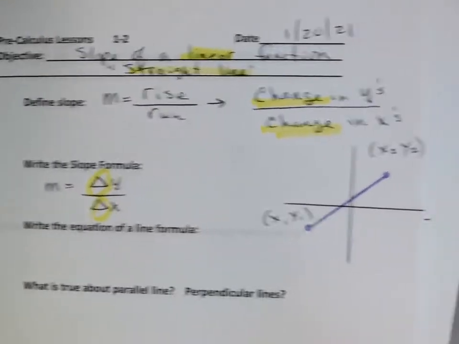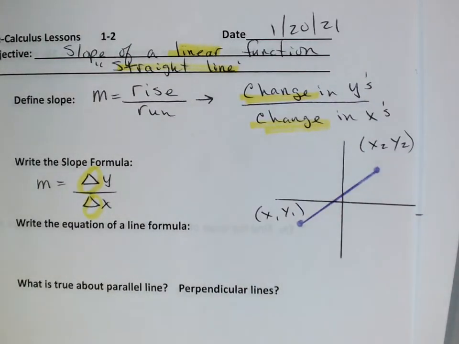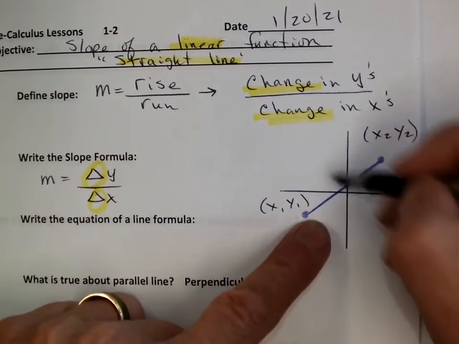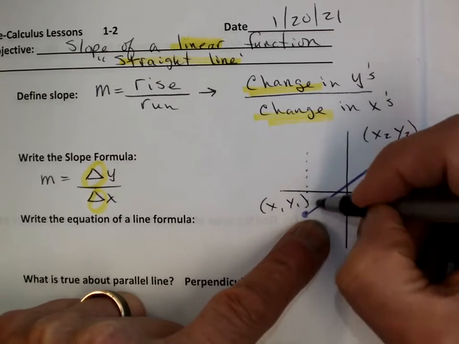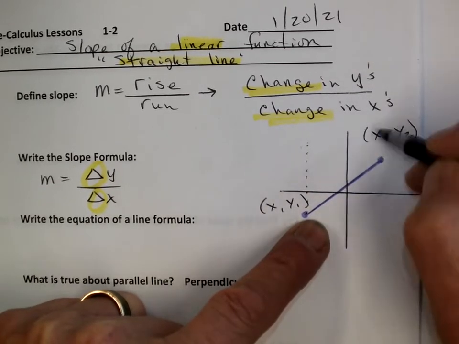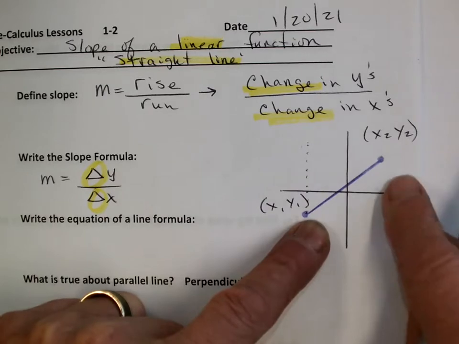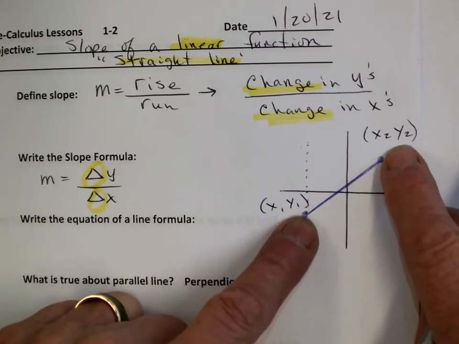First point, second point. They can be anywhere on the graph. We call our points arbitrarily x and y because they have to work for everything. So if it's rise over run, then we'd have to go from x1 to x2, and that would be the difference between x2 and x1.